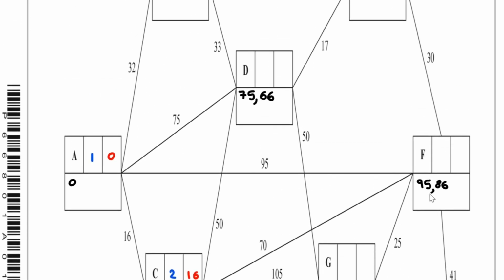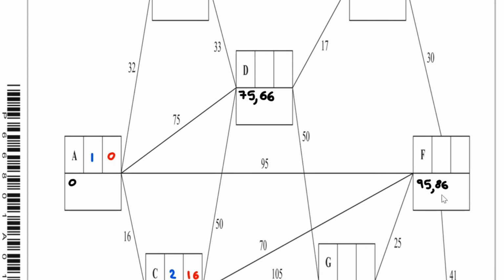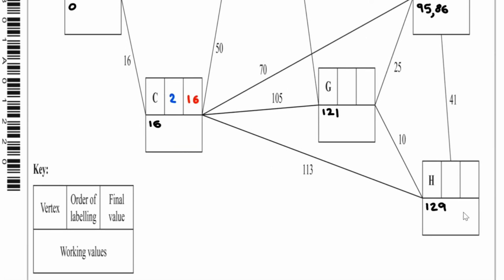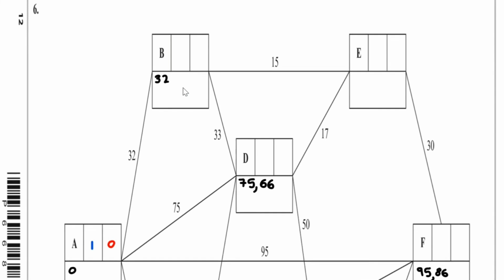Now, the smallest from 32, the 66, the 86, the 121 and the 129, that's the 32. So the final value for B is 32, and we give it an order of labelling 3.